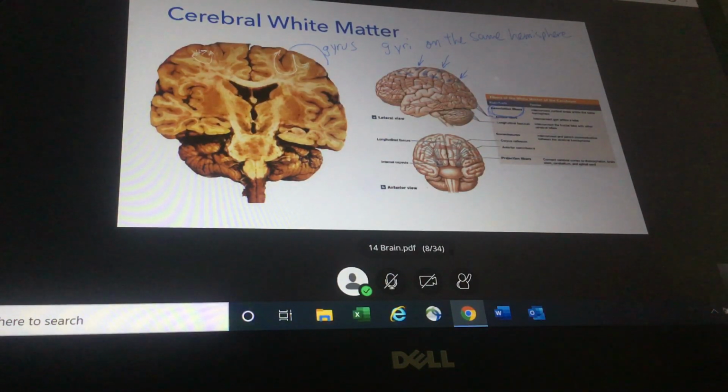So backing up to number 1 are the commissural tracts. They're listed second here, and the reason why I list them second is because they're a little bit more long distance. They go a little bit further. They will send impulses from a gyrus on one side of the brain all the way across to the other side of the brain.